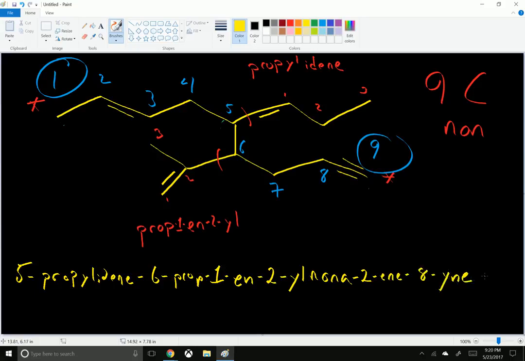Because the double bond up here goes from 2 to 3, and the triple bond right over there goes from 8 to 9. All right. So, remember, for the moment, our organic nomenclature starts with finding the longest possible chain, regardless of what sort of side chains or double or triple bonds you are looking at.